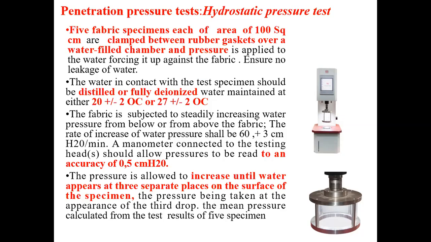And there are 2 different types of test method. One is the simulated rain tester, and another one is the hydrostatic pressure test. In the simulated rain tester, we basically measure the appearance of the fabric after it is exposed to rain or to spray water, whereas in the case of hydrostatic pressure, we determine the water pressure under which the water spot appears at 3 different places on the surface of the fabric.